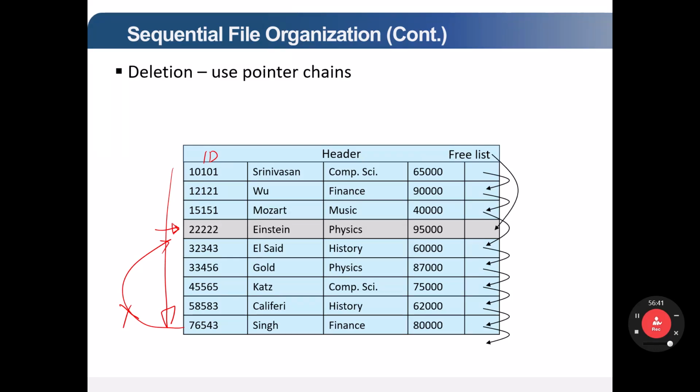This is not allowed. Another option is to move all records by one position. As you know, this is too expensive, so we don't do that. Instead, we use a free list pointer. To keep the sorted order, every record has additional metadata that points to the next record in the sorted order.